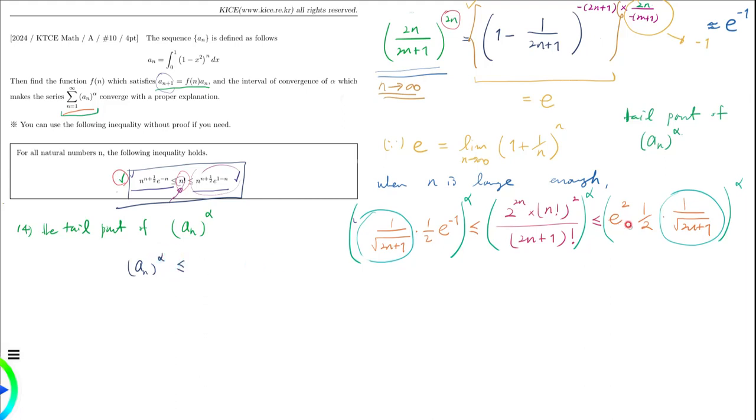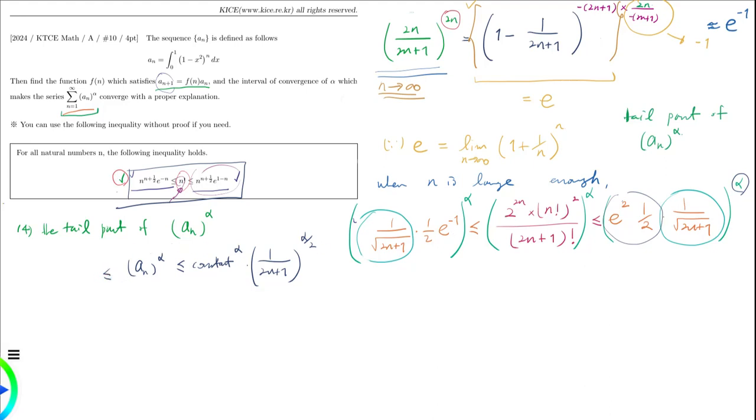For the upper bound, we have some constant to the alpha power, times 1 over 2n plus 1, to the alpha over 2 power, because there is a square root here.